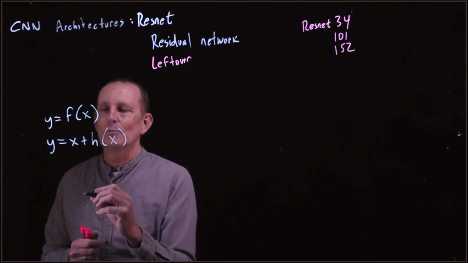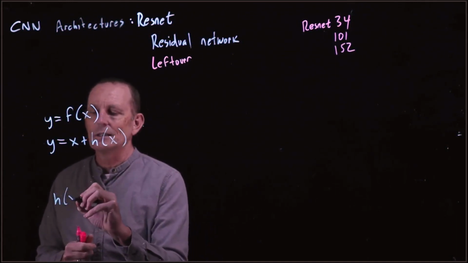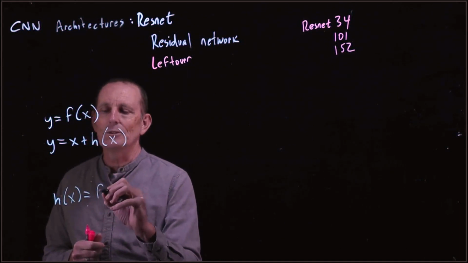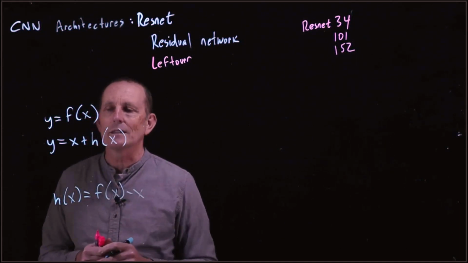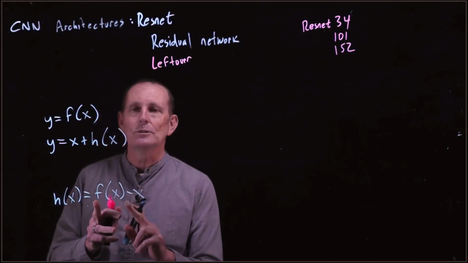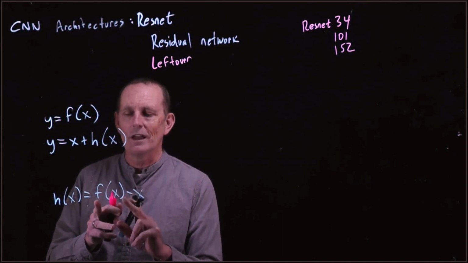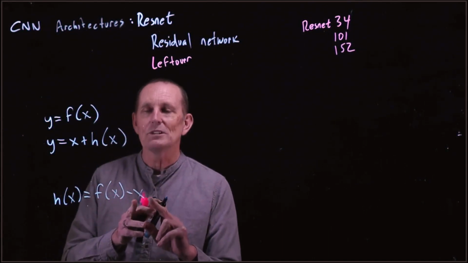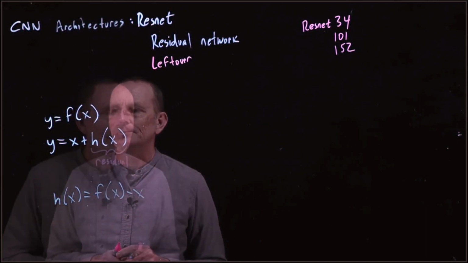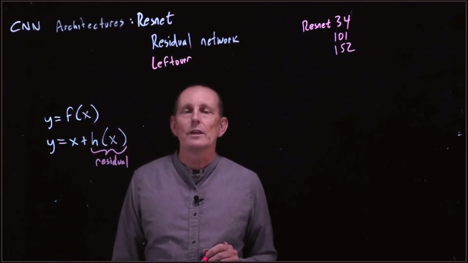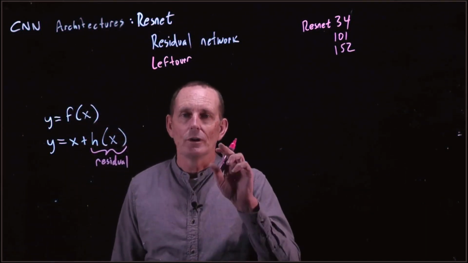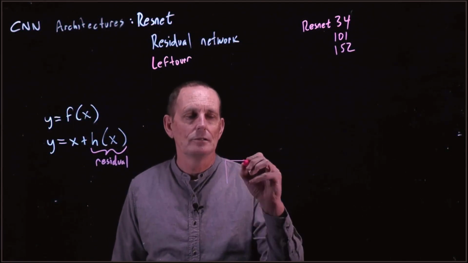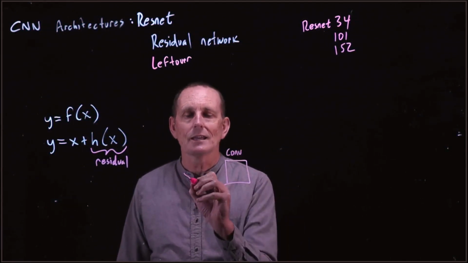If we look at this, basically h of x is just equal to f of x minus x. It is the residue, or the residual, of f of x with respect to x. And that's what we're going to do with our convolutions. So our convolution layer, we're going to take x coming in.